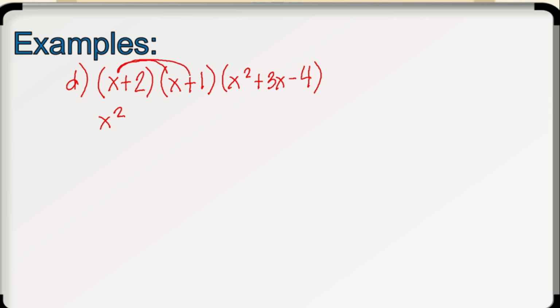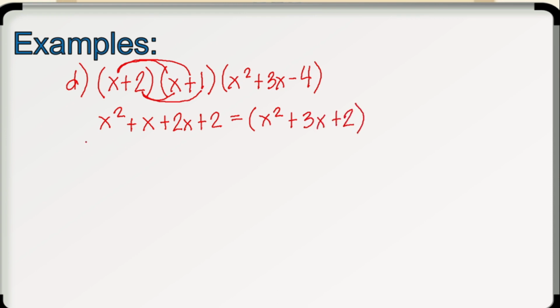Outer term is x times 1, which is x. Inner terms, we have 2 times x, which is 2x. And last terms, we have 2 times 1 is 2. Simplifying it, we have x squared plus 3x plus 2. We have now x squared plus 3x plus 2 times the quantity of x squared plus 3x minus 4.